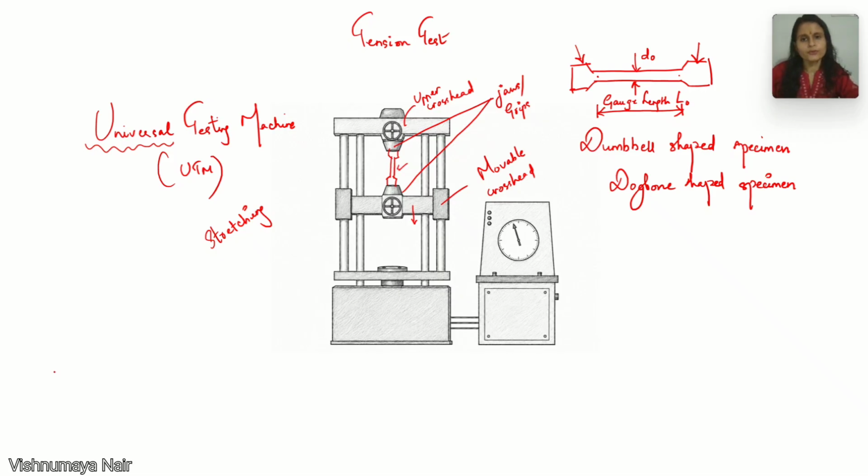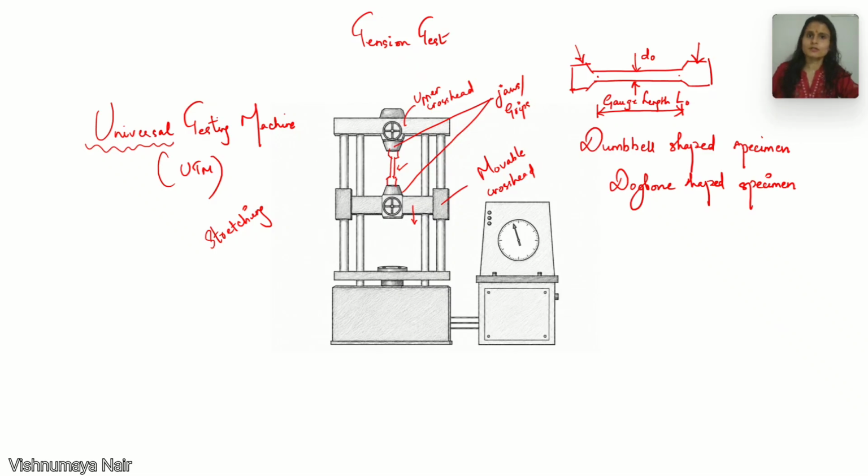An important point to note here is we often casually say that we apply tensile load to the specimen. Physically, that is true. The specimen is subjected to tensile loading, but experimentally, we should be able to distinguish between what the machine controls and what the specimen responds with. So here, the machine increases the separation between the grips, thus stretching the specimen. So the deformation is imposed on the specimen.